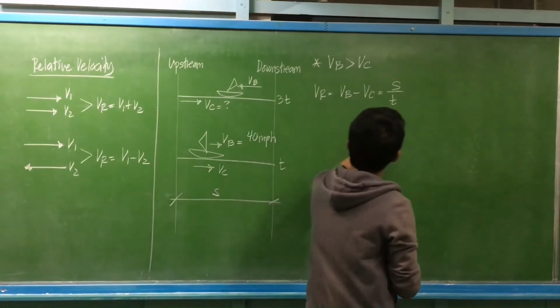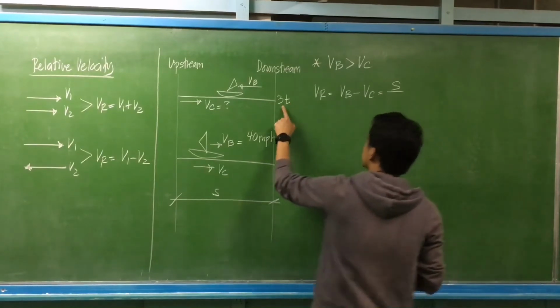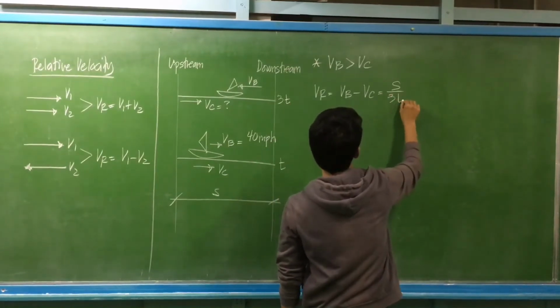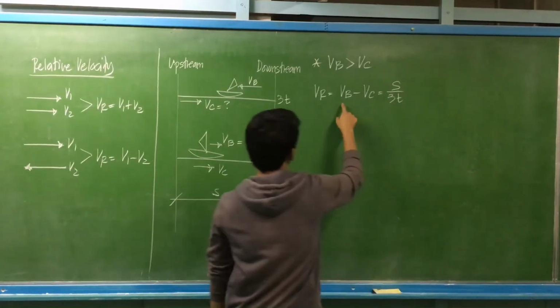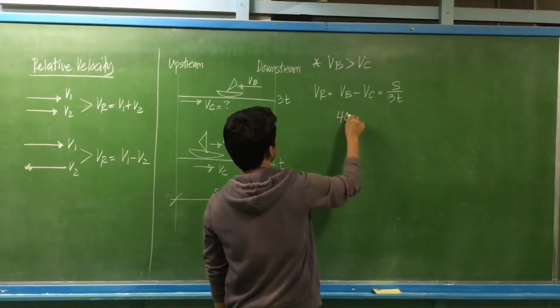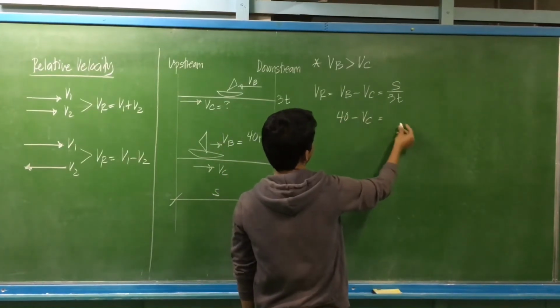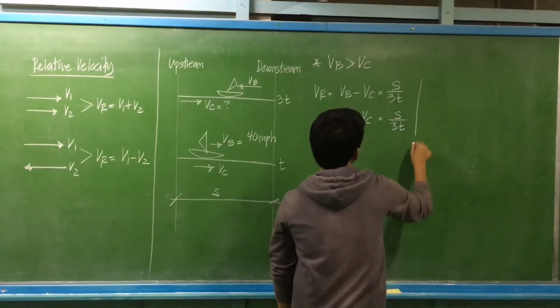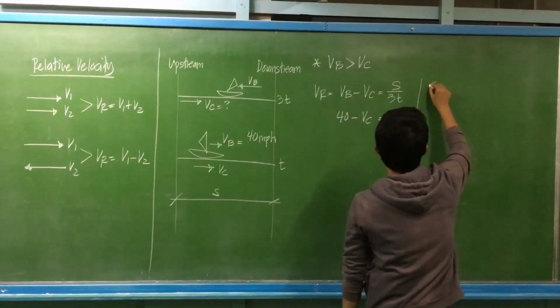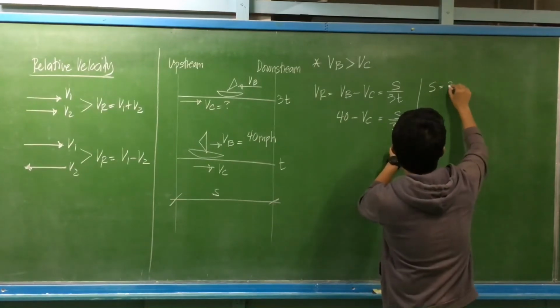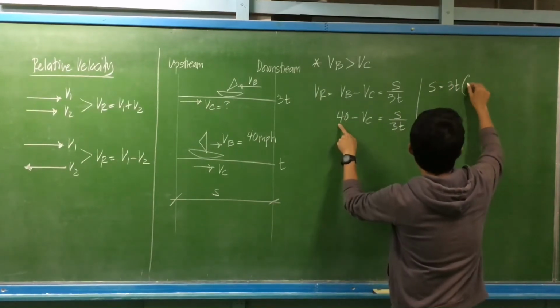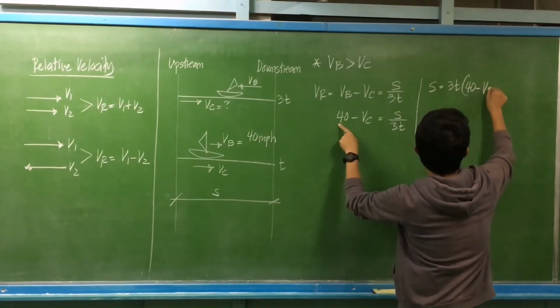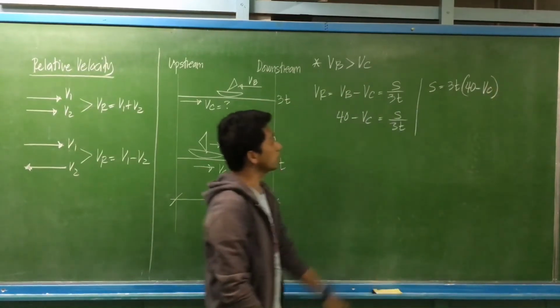But what is the total time if it is against the current? The total time is 3 times t. So we have 40 miles per hour minus the velocity of the current equal to the distance over 3 times the time. So the distance S is equal to 3 times t multiplied by 40 minus the velocity of the current.